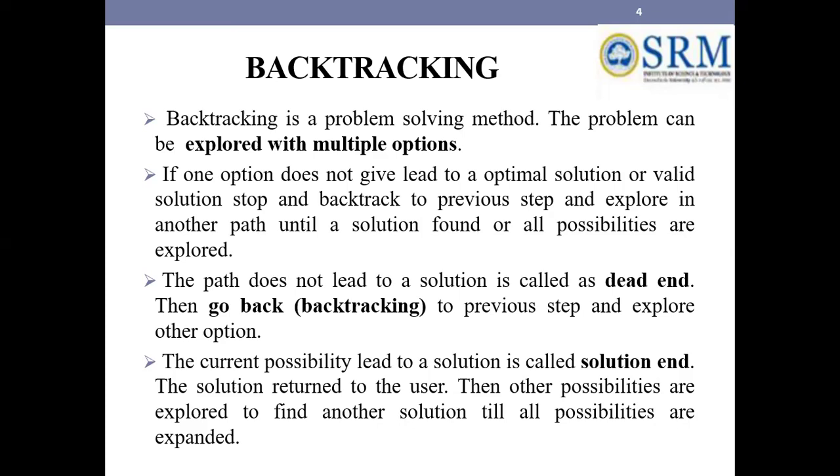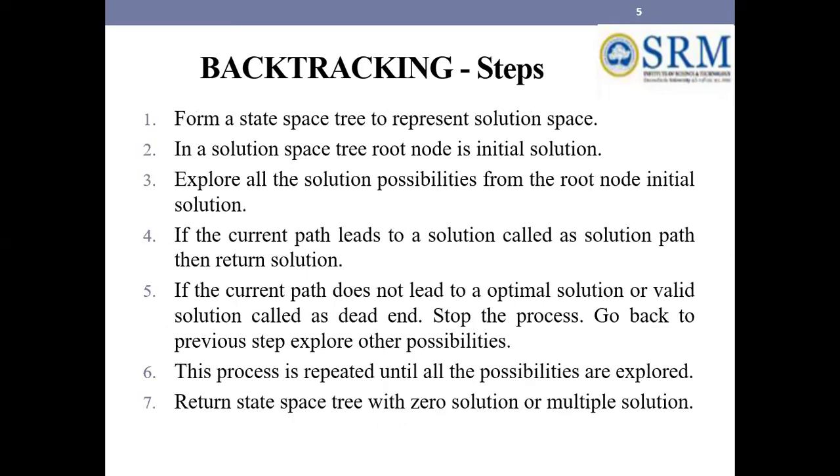If a path does not lead to a solution, it is called a dead end. So there are two results in the backtracking approach: solution end and dead end. Solution end means the path gives a solution. Dead end means the current path or state does not lead to a solution.